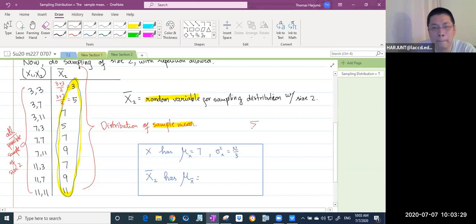The sum of all those x bar of size 2, when I add them, I get 63. So the mean of that sample mean of size 2 will be 63 divided by 9 counts. That will be 7.